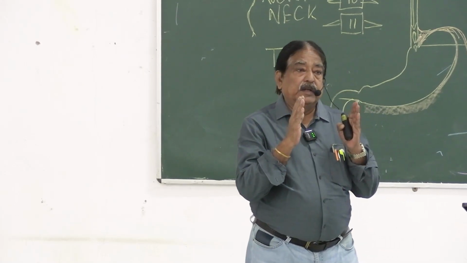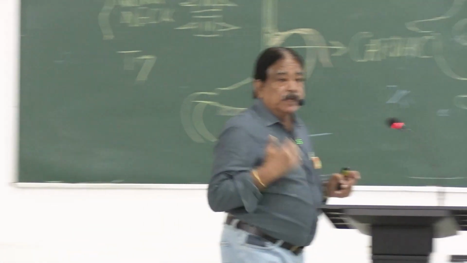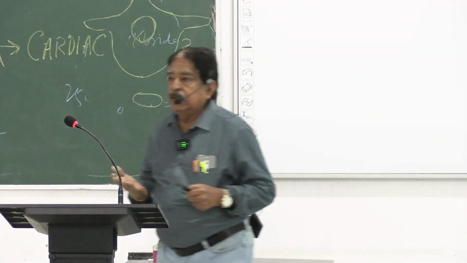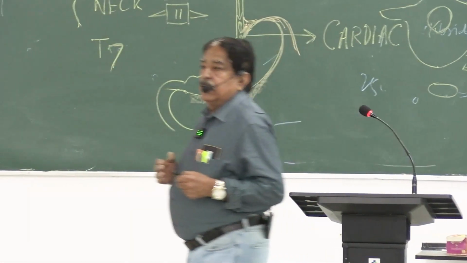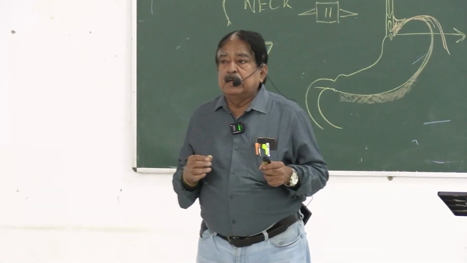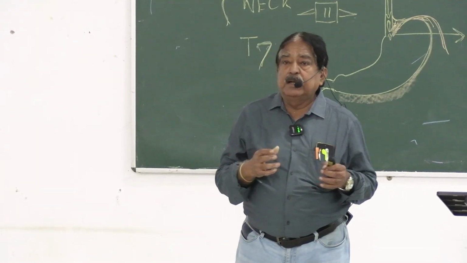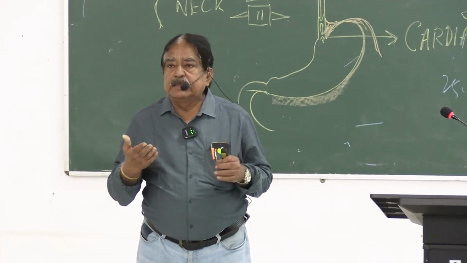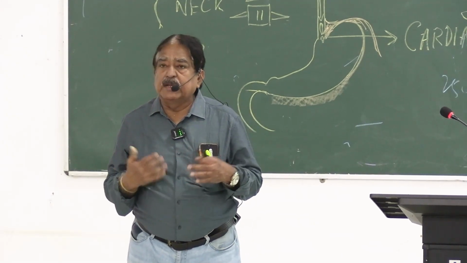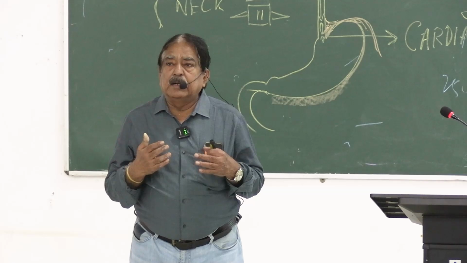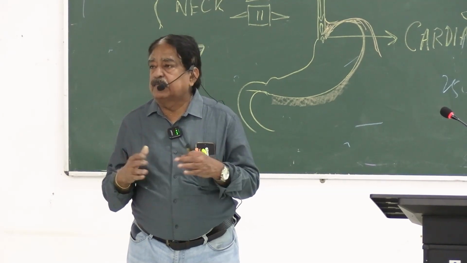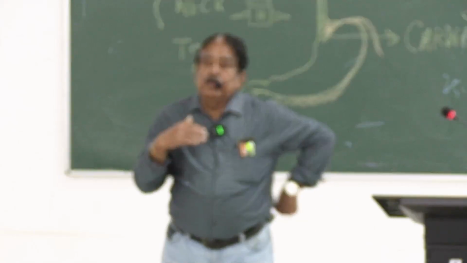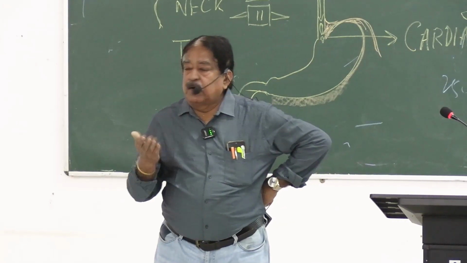Now, you have to distinguish. You ask, have you vomited? Yes, what was it like? A little blood with it. Most people are unaware of the coffee color, so you have to ask, was it brownish in color?